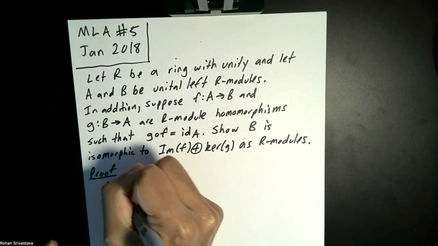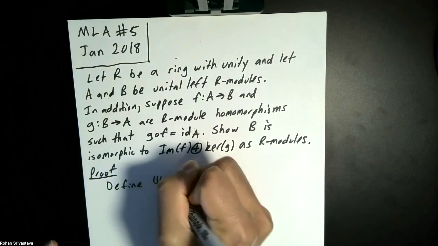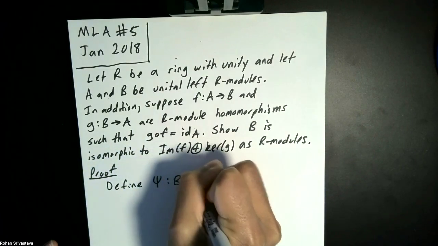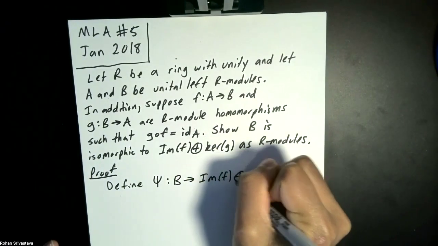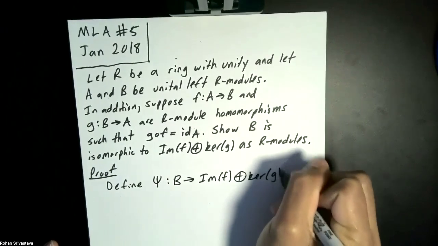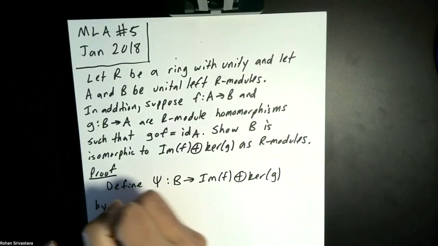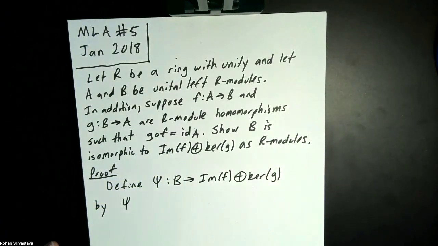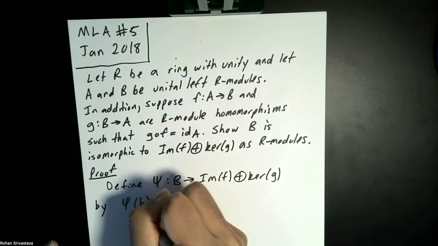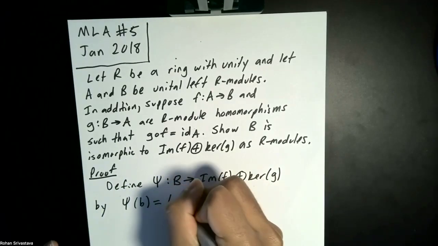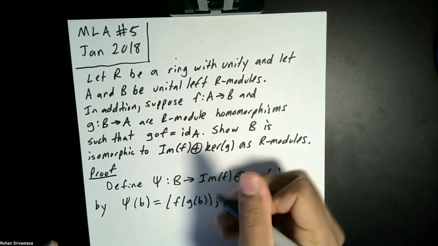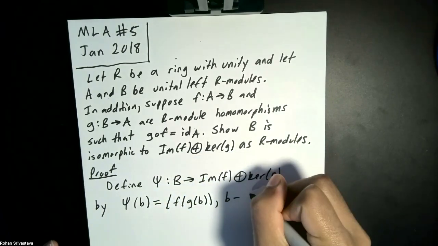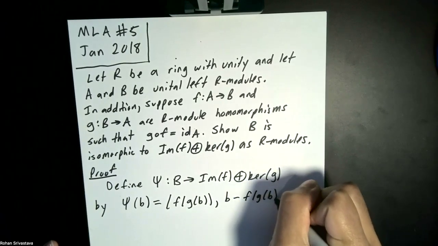So let's define psi from B to the image of F direct sum the kernel of G by psi of b is equal to the ordered pair F of G of b, comma, b minus F of G of b.